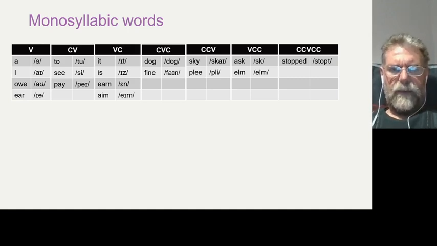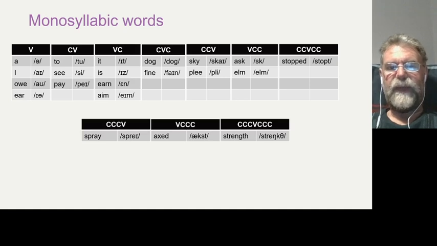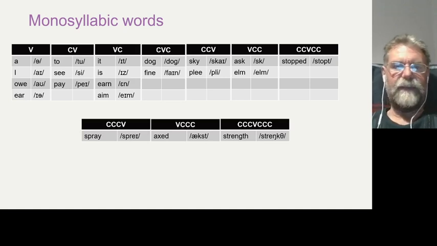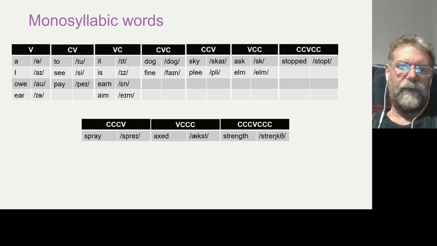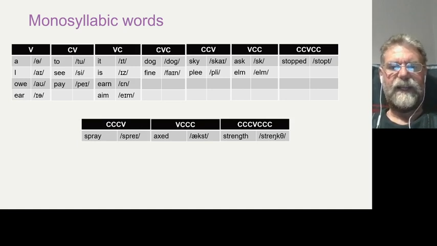Finally, we can go one step further still and have three consonants in the cluster, either in front of or behind, or both in front and behind. So, for example, spray has spr in front of the vowel a, and axed has got kst following the a vowel, and one pronunciation at least of the word strength, where you pronounce the k at the end of it as well.